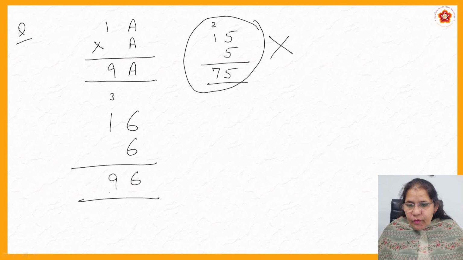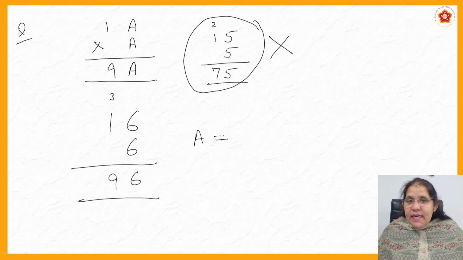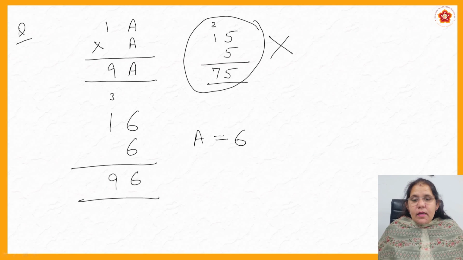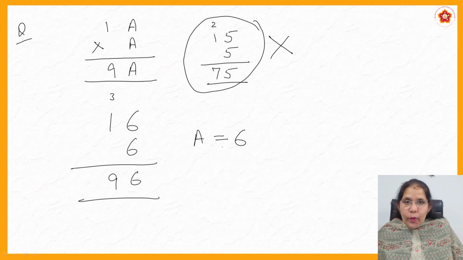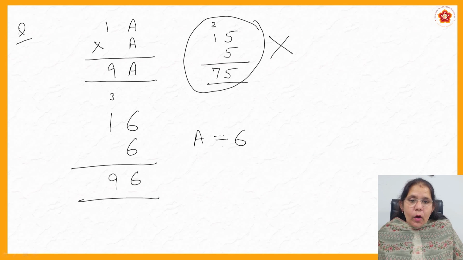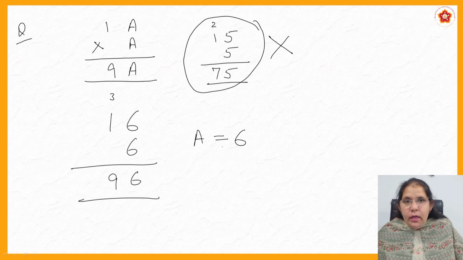So we get 9 here in the tens place. So which digit does A represent? A represents 6. We'll do questions of similar types in the next class.